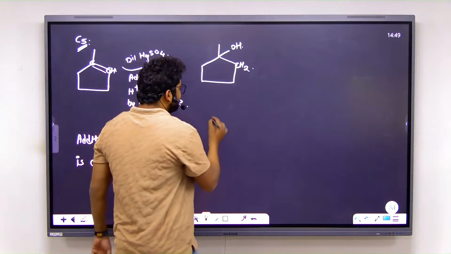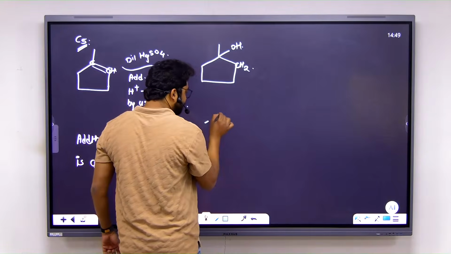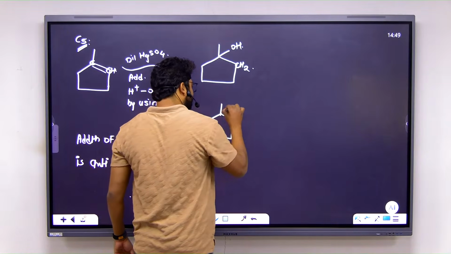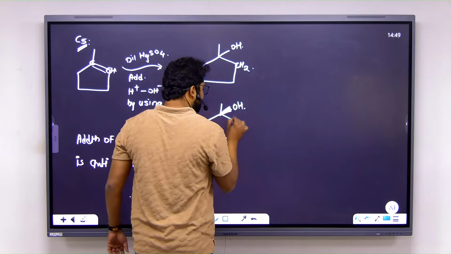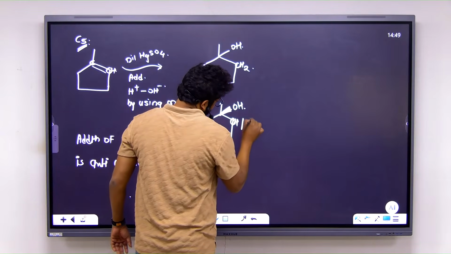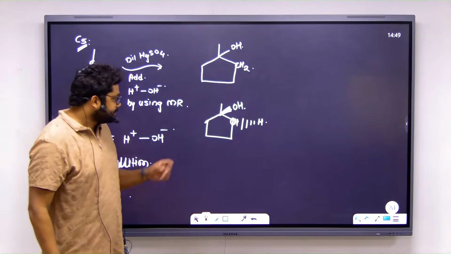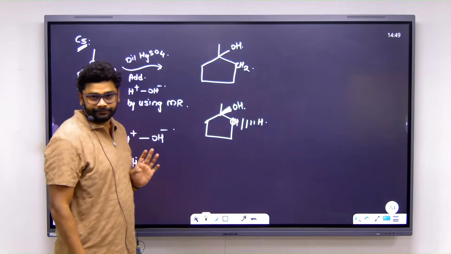So what does it mean? They will show you the product not like that given on the board. It could be like that. This is your OH and this is your H. Do you know the difference between them? This guy is above the plane, this guy is below the plane.